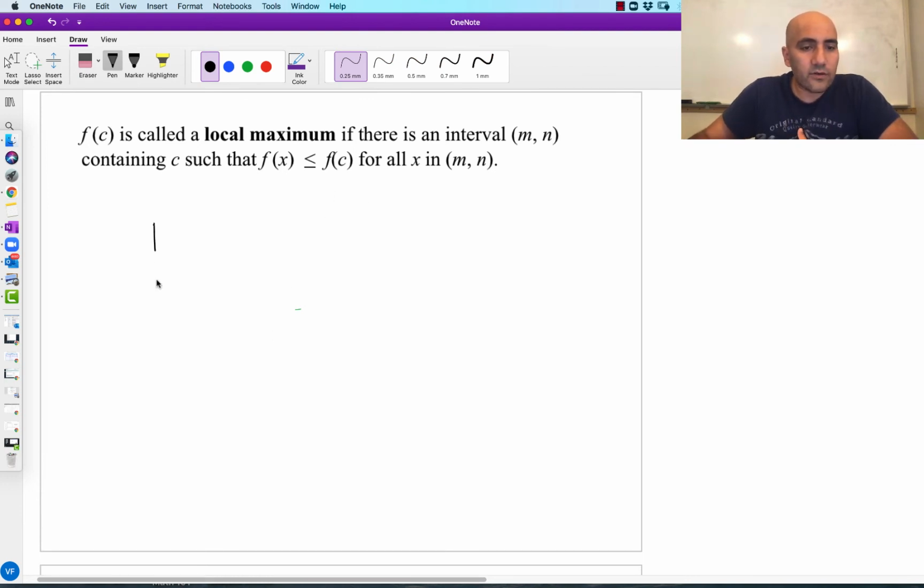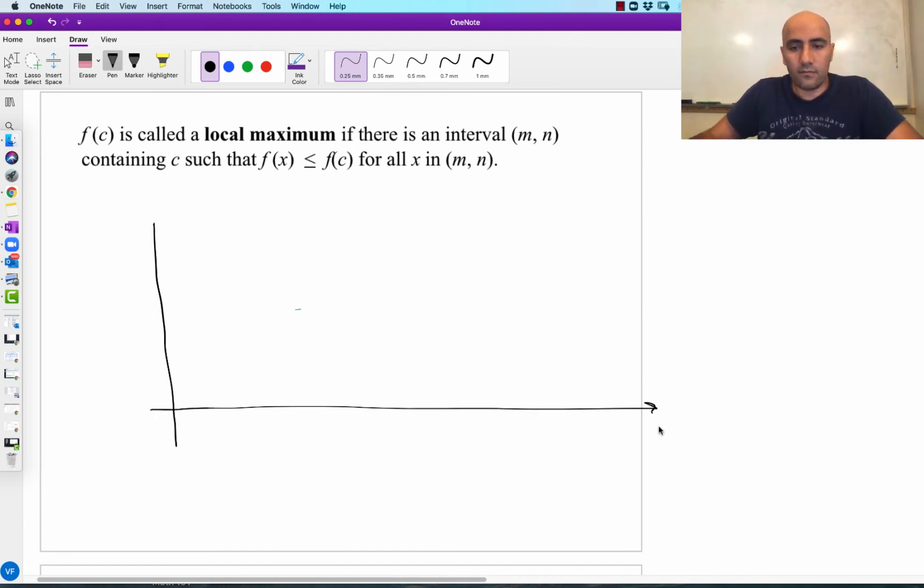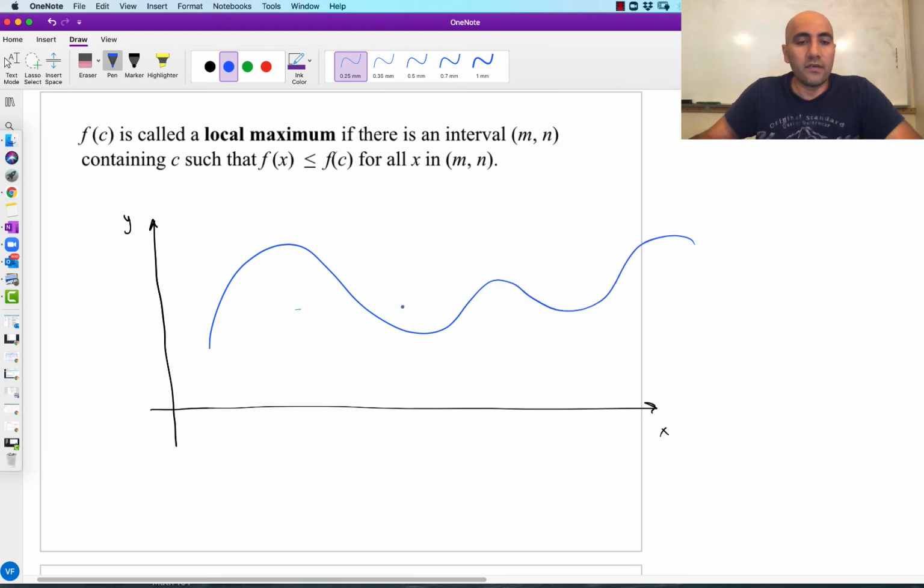So let's say, for example, the x-axis, the y-axis, and let's say we had some function that did maybe this kind of thing. Okay, so let's use this guy. Let's go here. So this guy coming down right there, let's say that that's c.